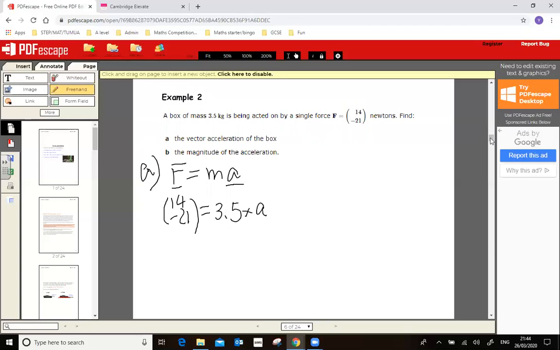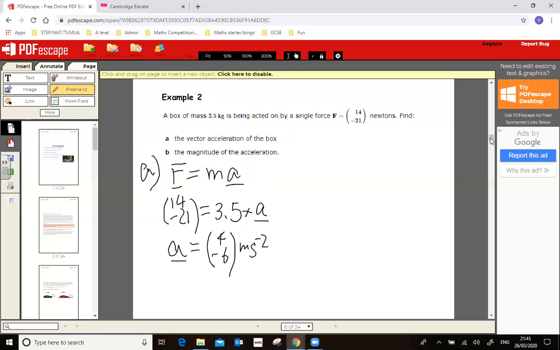So to work out the acceleration, we just need to divide 14 by 3.5 and divide -21 by 3.5. So we will get that acceleration A equals (4, -6) meter per second squared. And I should underline them because acceleration is actually a vector in this case.